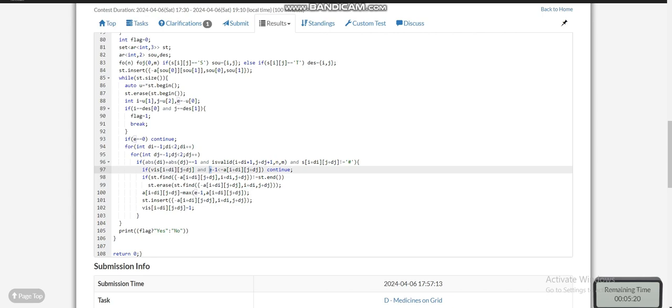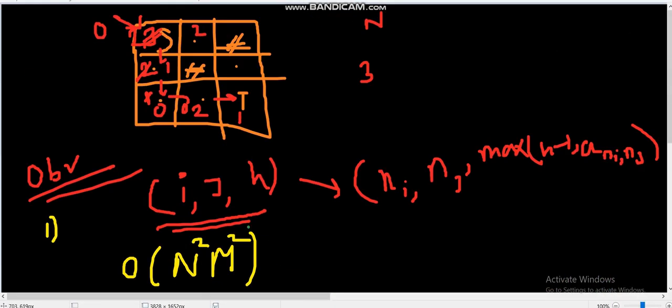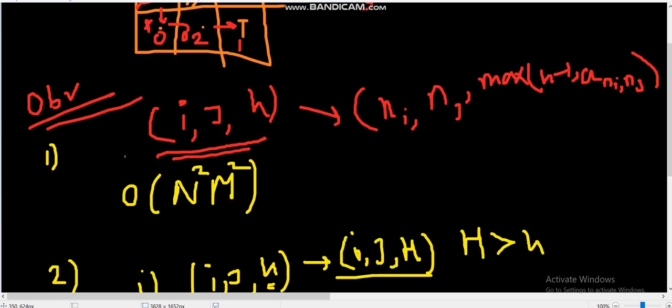So at the end, if flag is 0, we print no, otherwise we print yes. I hope you get the solution. So let's go back and explain the approaches again, a short recap. Why is our first approach failing, where we store I, J, h in the set?